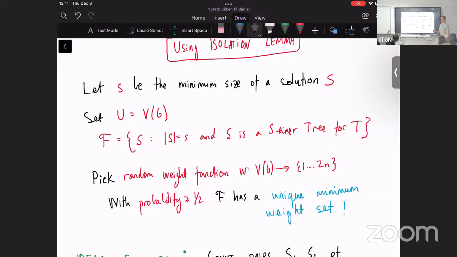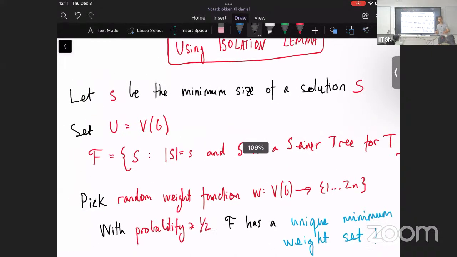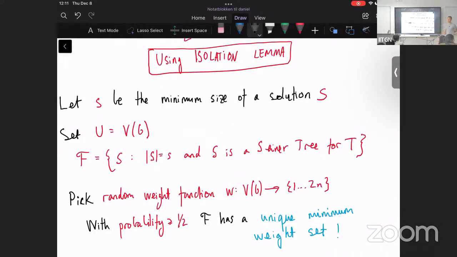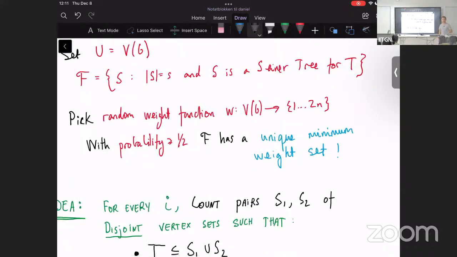Again, to define the isolation lemma, we need a universe and a family of sets to apply it on. This is actually going to be easy. The universe is the set of vertices, and the family is the set of all vertex sets of Steiner trees of size S. I now pick a random weight function from the vertices to 2m, and so with probability 1/2, there becomes a unique minimum weight set, so a unique minimum weight Steiner tree.